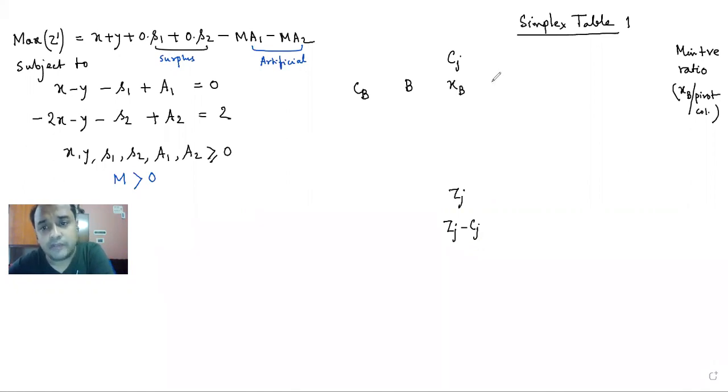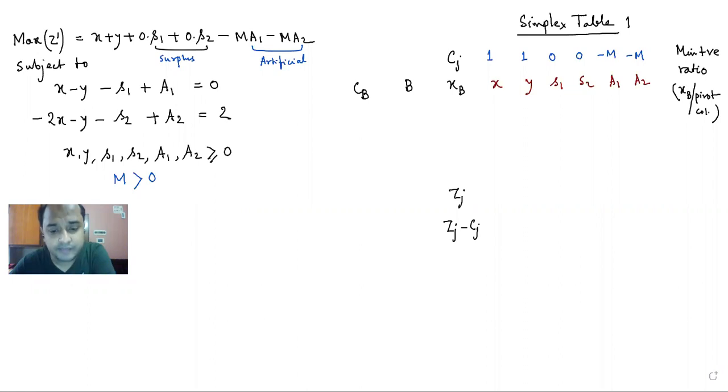We are going to put all the variables over here: X, Y, S1, S2, A1, A2, serially. Their per unit contributions are taken from the objective function and put on the top. These are the per unit contributions of the objective function.